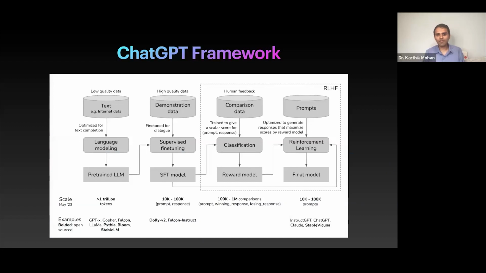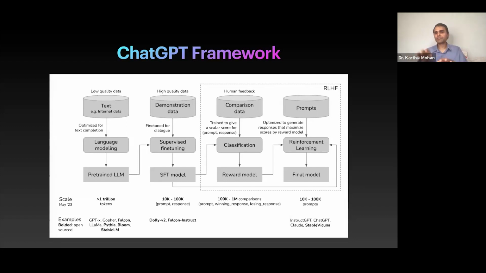This is a graph that depicts the process. The first vertical is just the pre-trained model on sometimes trillions of tokens, massive data mined from the web, a huge corpus of data. The second vertical is supervised fine-tuning, where you fine-tune on high-quality data. The first one is probably low-quality data, the second is high-quality data. The third is even more fine-tuning, being very precise.